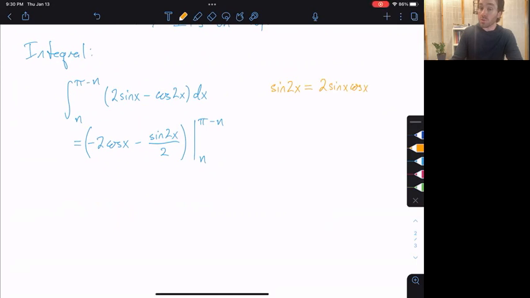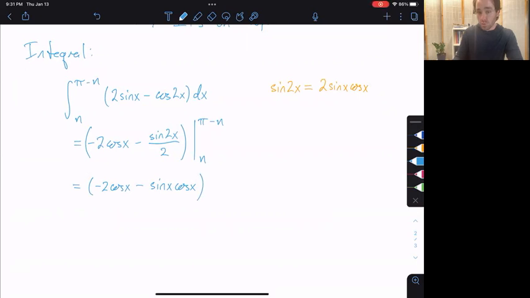This is another one of those trig identities from pre-calc. So this is going to be equal to -2 cosine x minus 2 sine x cosine x over 2. Well, the 2's cancel, right? And so really this is just minus sine x cosine x.